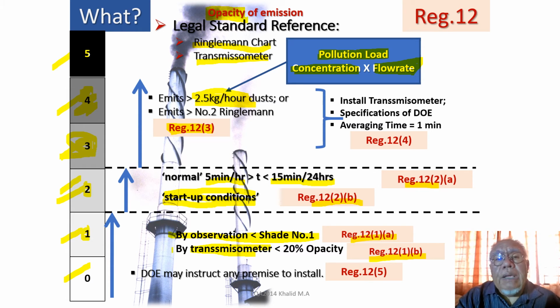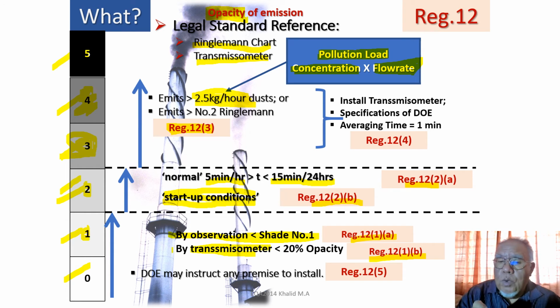Now, the law says if we are emitting 2.5 kilogram per hour of dust, that amount of dust, the load of dust is 2.5 kilogram per hour or more, let me check the law, meaning that is the value.